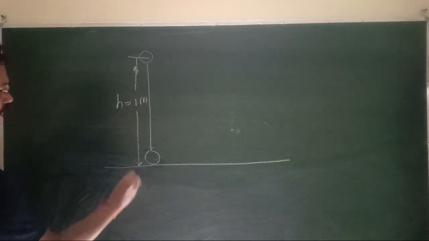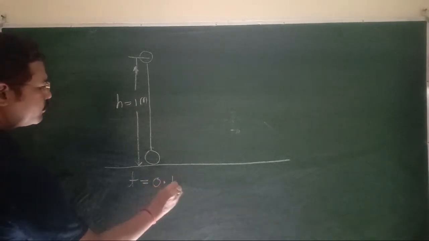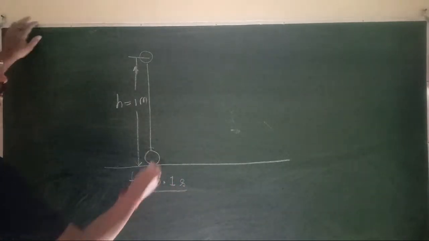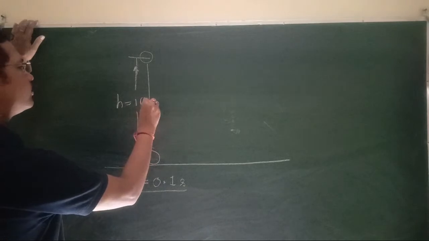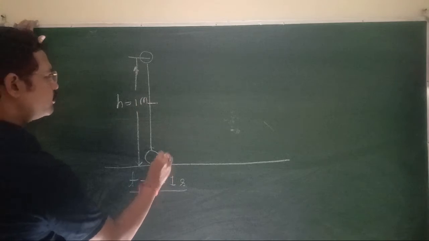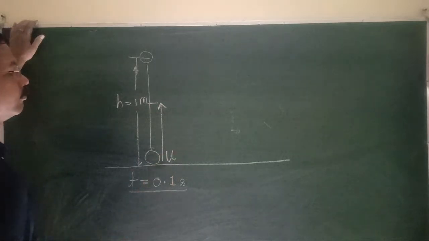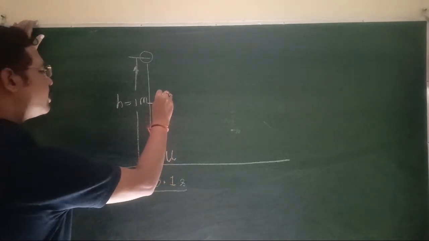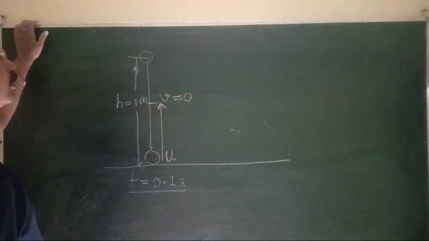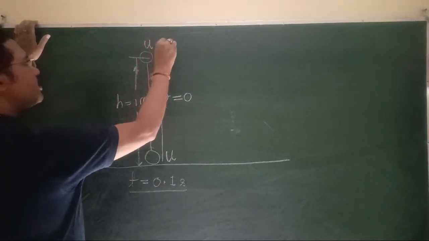It remains in contact for the time 0.01 second. It is given. This ball comes back to half of the height with the initial velocity u. Again, final velocity becomes 0.